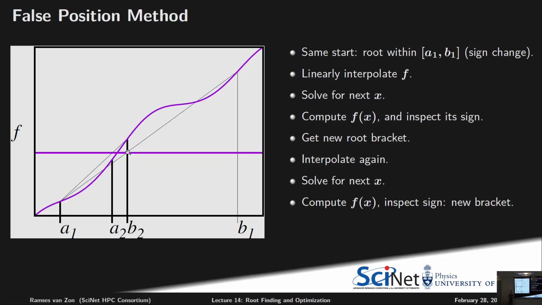Now, as you're zooming in, if your function is smooth, this linear approximation will become better and better, assuming that the second derivatives are bounded. And so this tends to be faster than the first method. You're using some of the function values, that information that you had anyway. So this is per step just as expensive as the other one, but you'll need fewer steps. That's it.